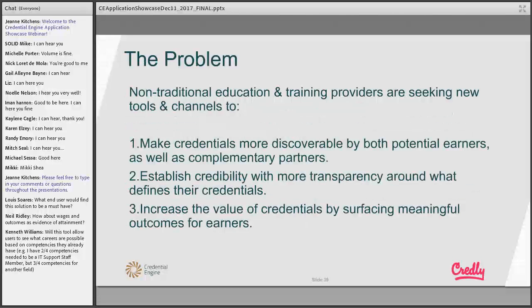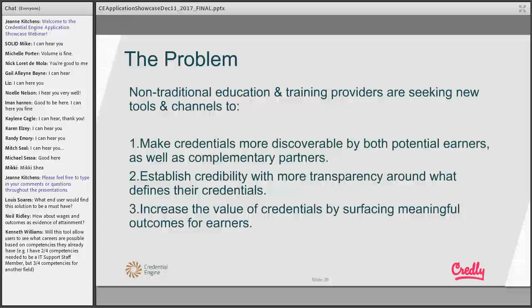So the problem we were really focusing on in the context of Credential Engine was thinking about more of our non-traditional education and training providers, in addition to the typical higher ed and other institutional education providers. And the problem that they're facing is, one, to make their credentials more discoverable and more prominent to outside partners and customers, what the training is that they offer and the value of it.